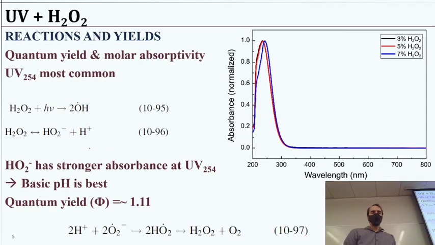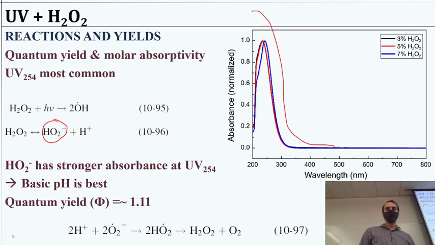It turns out that HO2⁻ absorbs more strongly. If we were looking at an absolute instead of a normalized spectrum, we could imagine something like that for the HO2⁻.